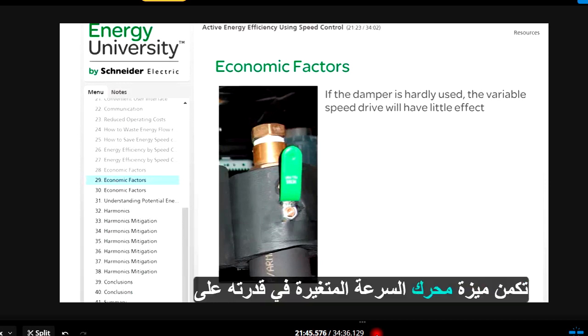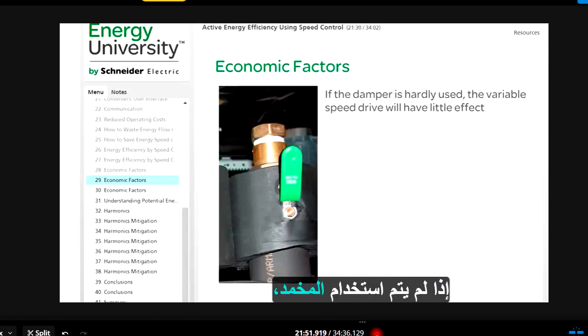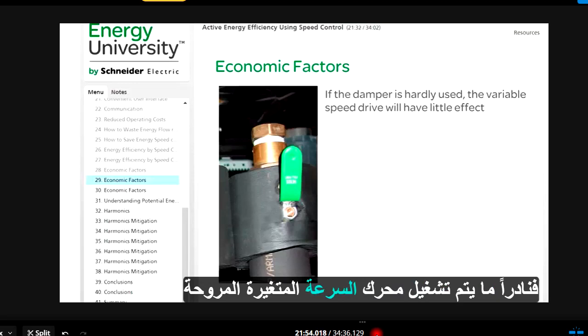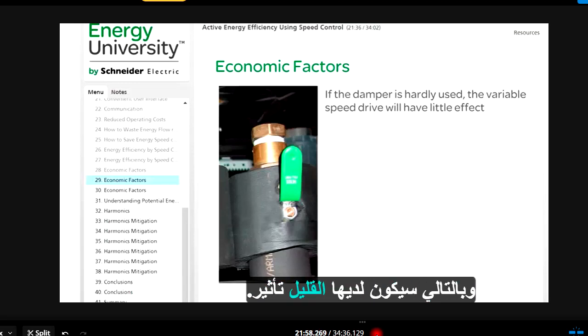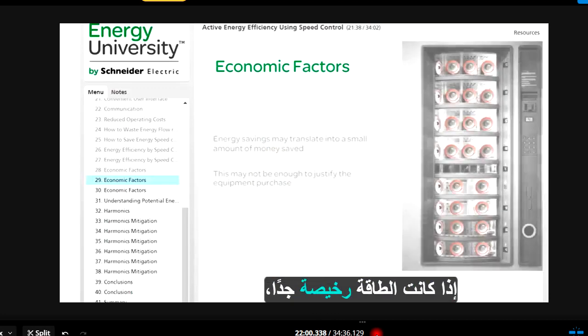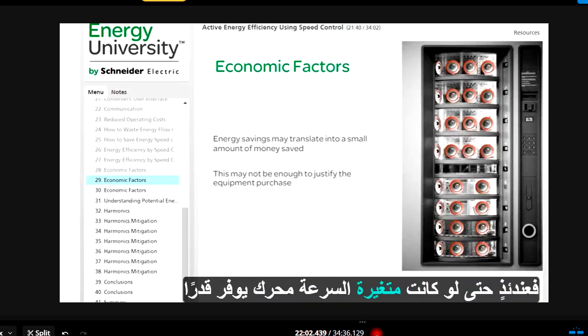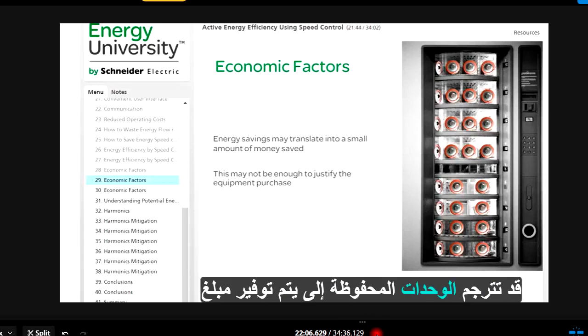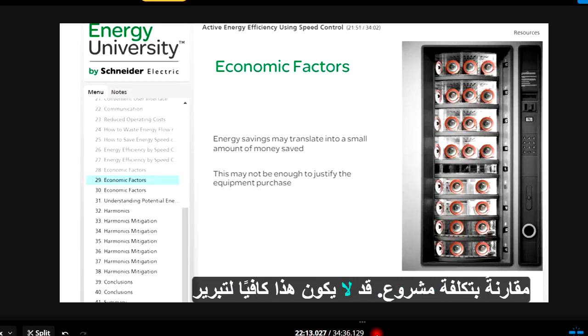A variable speed drive's advantage lies in its ability to operate the motor at a different rate. If the damper is hardly used, the variable speed drive will rarely run the fan or pump at a slower rate and will therefore have little effect. If energy is very cheap, the saved units may translate into only a small amount of money saved, which may not be enough to justify the purchase.